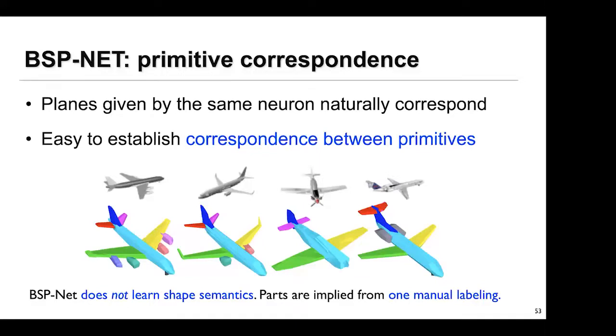Here, I do want to point out that BSP-Net does not really learn shape semantics. The parts that are colored seem to be reflecting semantics, but it is propagated from one manual labeling. Because the planes are naturally corresponding, you just have to provide one label, and this label is propagated to all the other planes that are constructing the shapes.